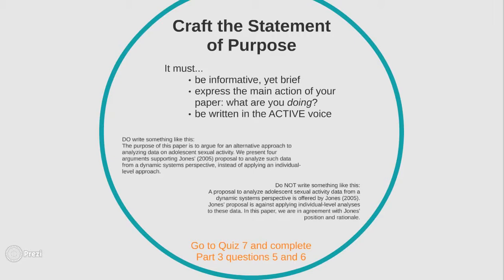The rationale is kind of talking about why you made the decisions that you made, or why it's important to talk about this. But the statement of purpose is actually what you're talking about. It's your argument. So it's so important. It's the center of your paper. Everything in your essay, everything in your research paper revolves around this statement of purpose.